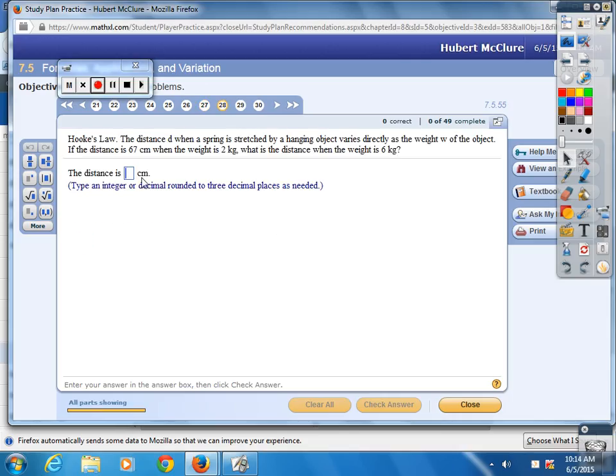Hooke's law. This is calculus 2, but the actual calculus is not there. Hooke's law is used in calculus. Hooke's law: the distance d when a spring is stretched by hanging an object varies directly as the weight of the object. So there's your first part. Second part, if the distance is such and such and the weight is such and such, what is the distance?